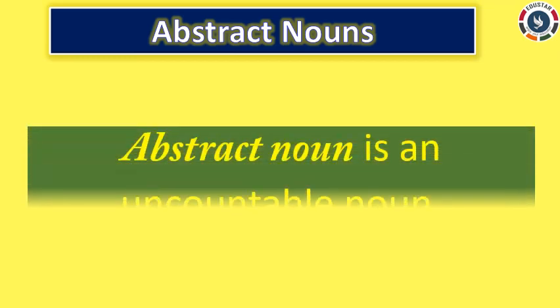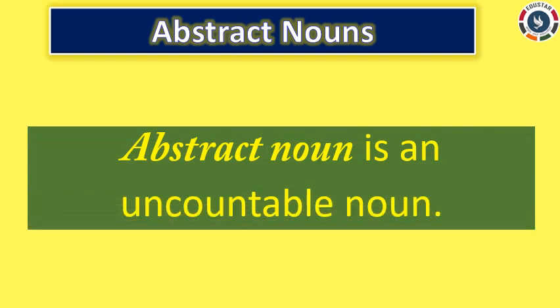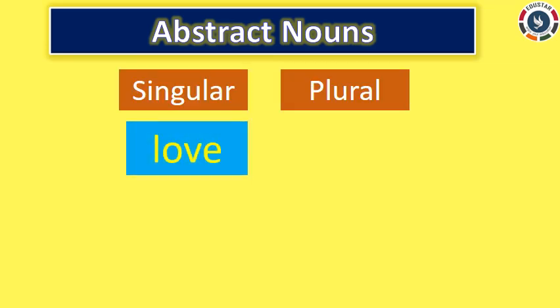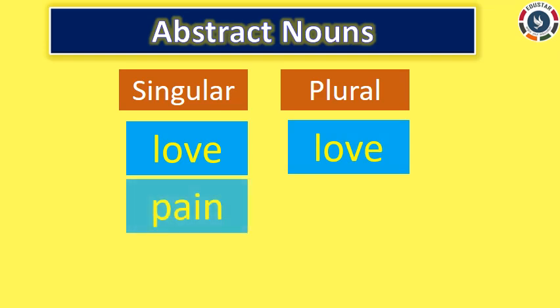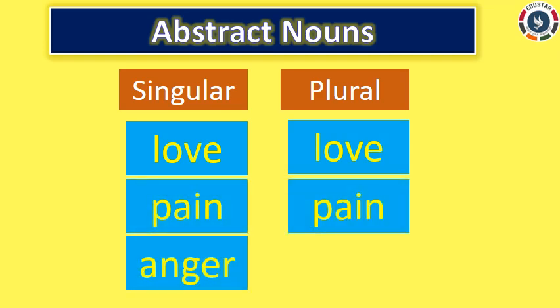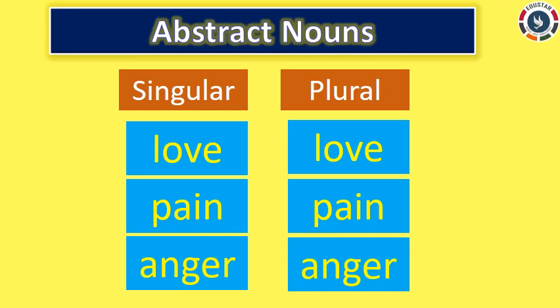That is, nouns which cannot be counted. So, abstract noun will always be in singular form and we cannot form plural forms. For example, the plural of love is love. Pain is pain. And the plural of anger is also anger.